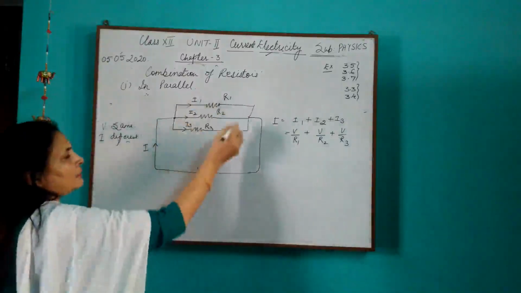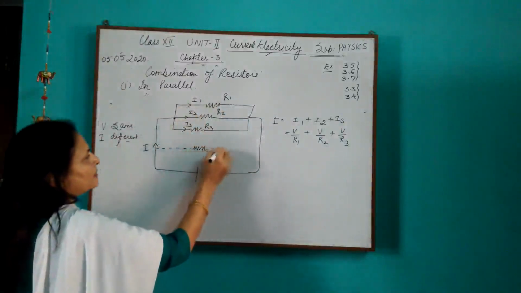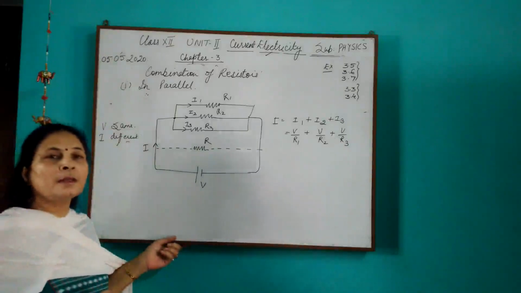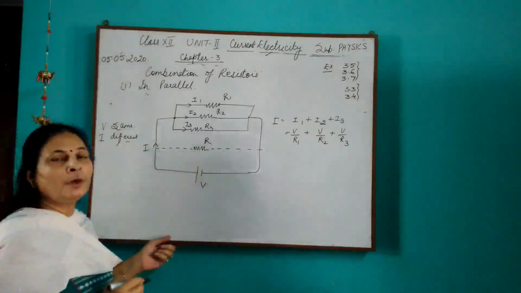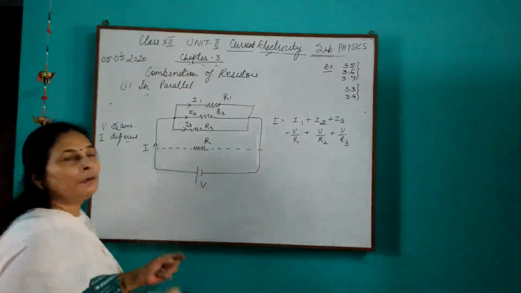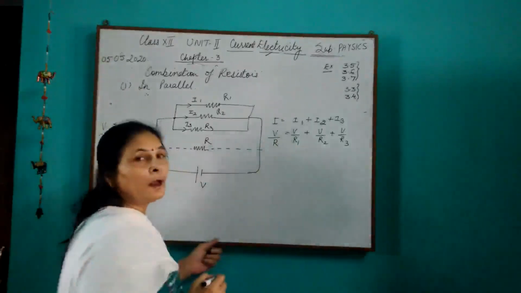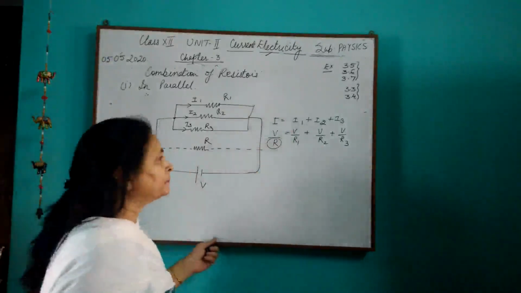Now in place of these three, I want a single resistor in the circuit, which is R. Then the total current I is going to flow through R only, and the potential drop across R will be V. So I can be written as V upon R, where this R is the equivalent resistance.